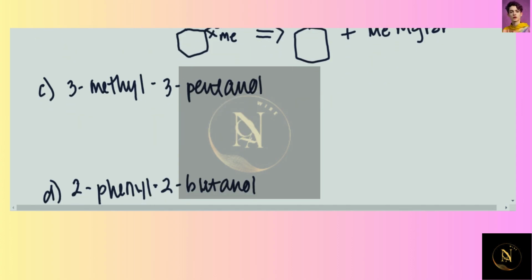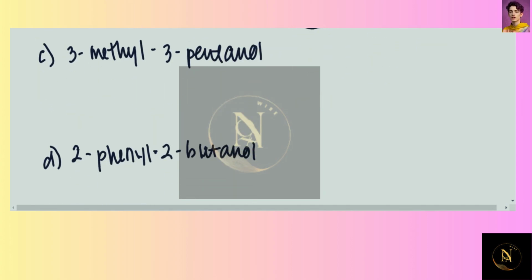Okay, so we can move on to part C now. For C, we have 3-methyl-3-pentanol. Pentan is a 5-membered chain, 3-ol means an alcohol at the 3 position, and 3-methyl means methyl at the 3 position as well.